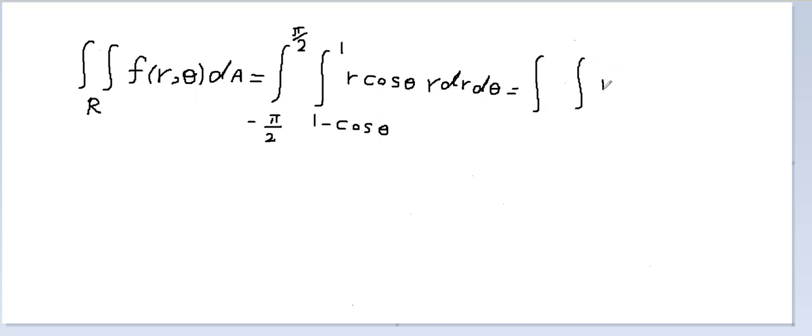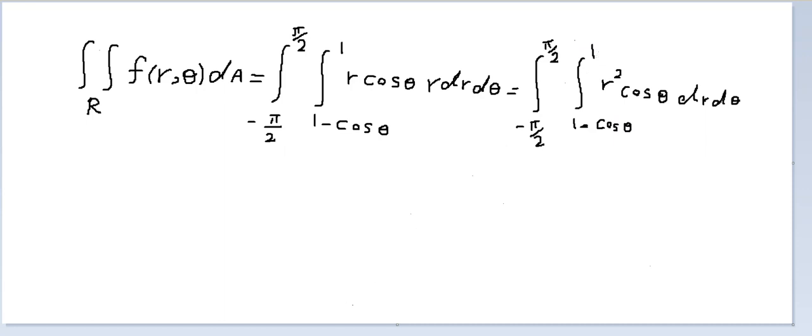So we have r squared cosine theta dr d theta, and here for theta from minus pi over 2 to pi over 2, and here for r, from 1 minus cosine theta to 1.